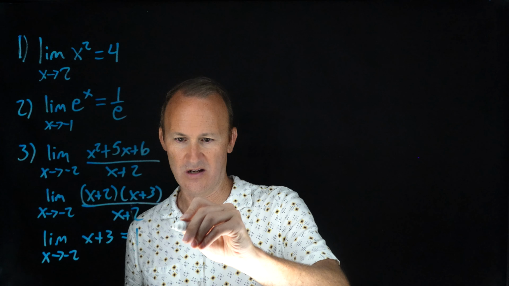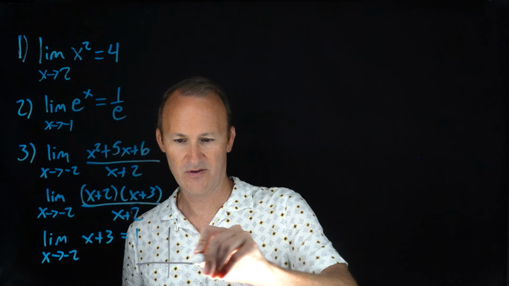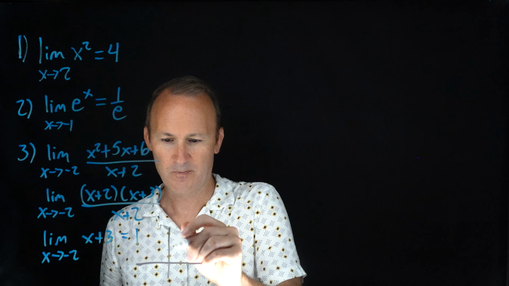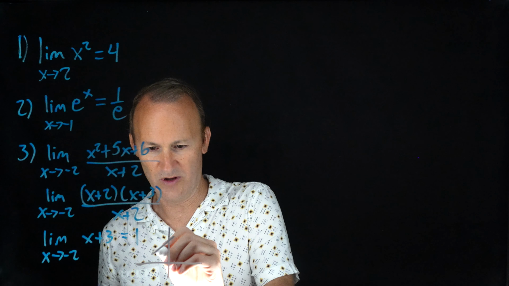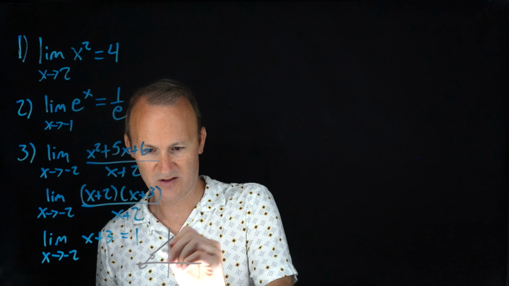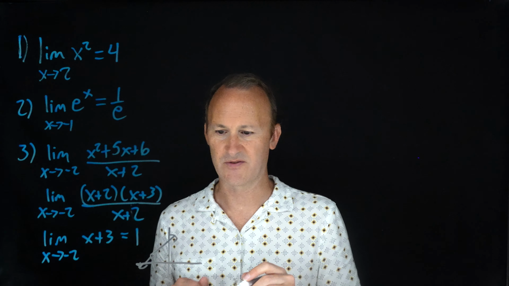So this is what you're going to end up with: a graph where the graph is just x plus 3, and it's going to have a hole at -2. So there's a straight line, and it's got a hole at -2.